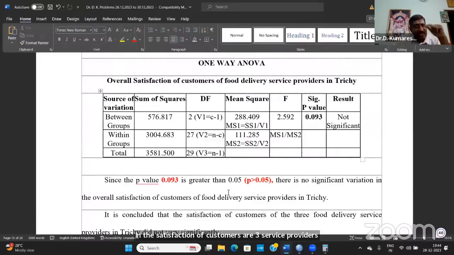Even though there is no significant difference, I told you, we are not saying that there is no difference. There is a difference. But the question is whether it is significant or not.